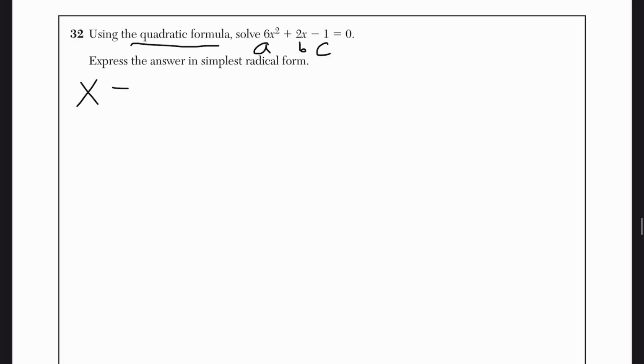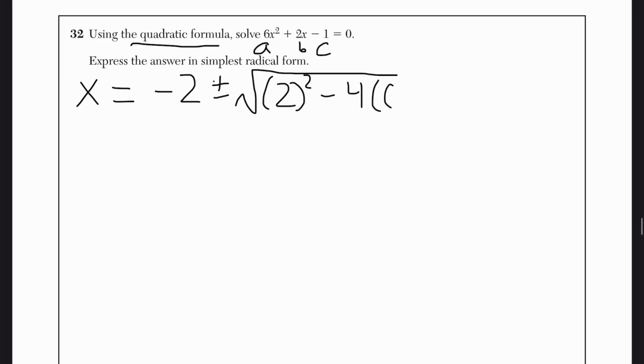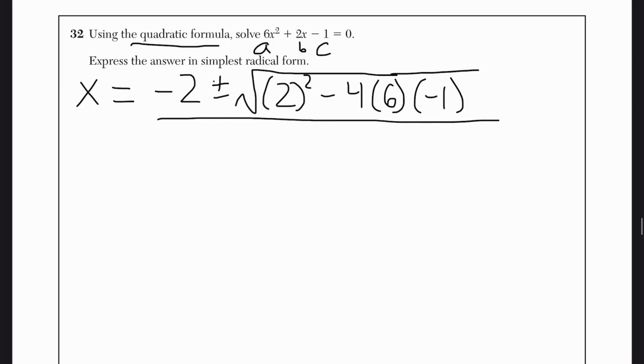Then we can just plug it right into our quadratic formula. X equals -b plus or minus the square root of b squared minus 4ac all over 2a. So you get 1 point just for that.